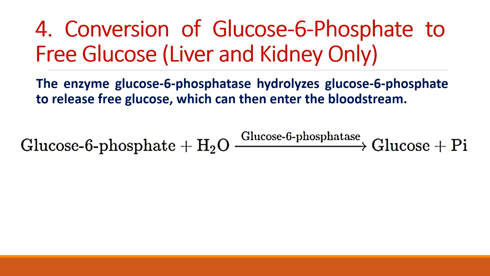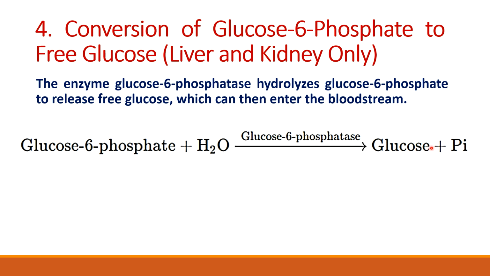The fourth step is the conversion of glucose 6-phosphate to free glucose in the liver and kidney only. We are not talking about the muscle. The muscle lacks the enzyme glucose 6-phosphatase, while it is present in the liver and kidney. This enzyme hydrolyzes glucose 6-phosphate, releasing glucose and inorganic phosphate.